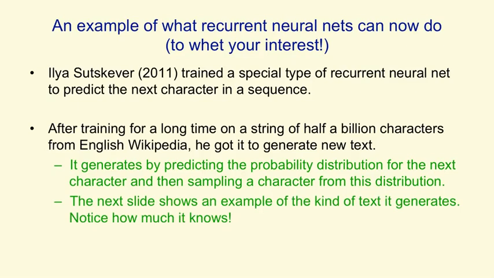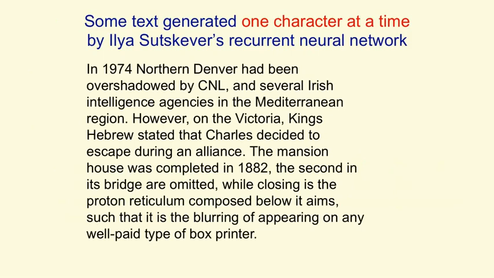The next slide shows an example of the text that it generates. And it's interesting to notice how much is learned just by reading Wikipedia and trying to predict the next character. So remember, this text was generated one character at a time. Notice that it makes reasonably sensible sentences, and they're composed almost entirely of real English words. Occasionally it makes a non-word, but they're typically sensible words.